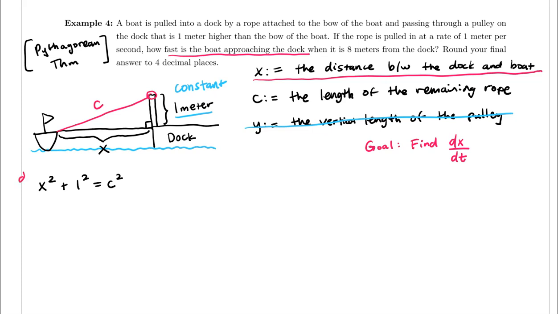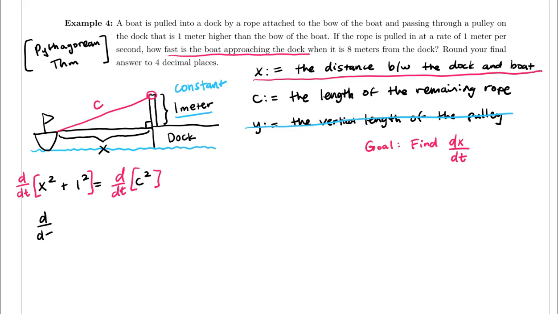All right, let's go ahead and take now the derivative with respect to time of both sides of this equation. Okay, so I'm going to take the derivative with respect to x.